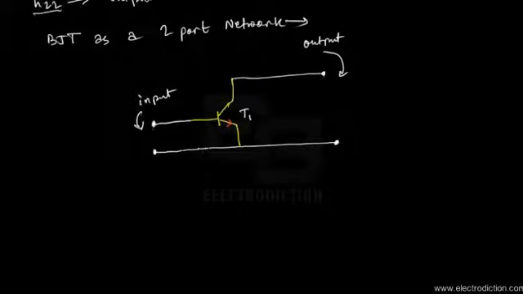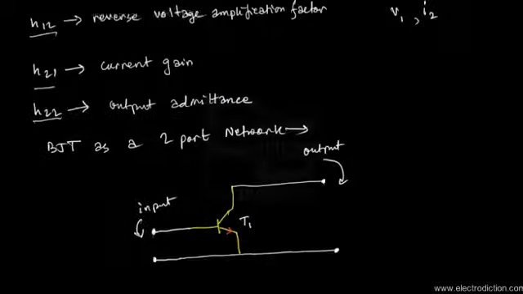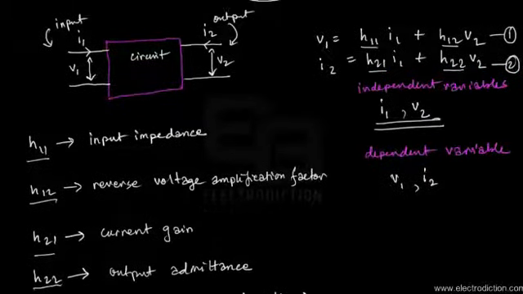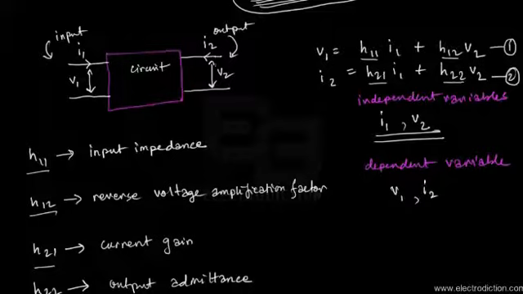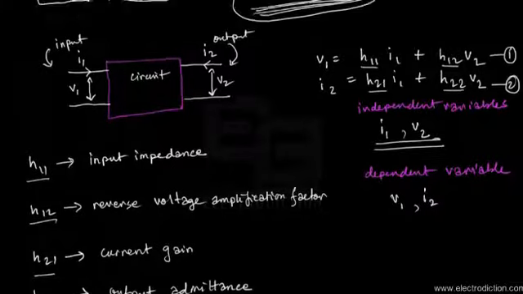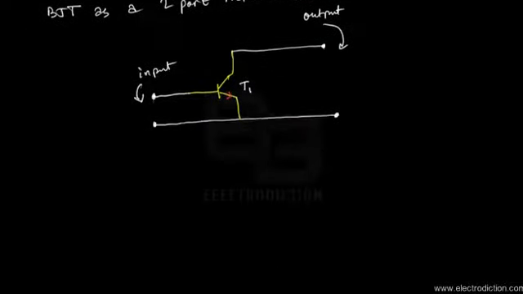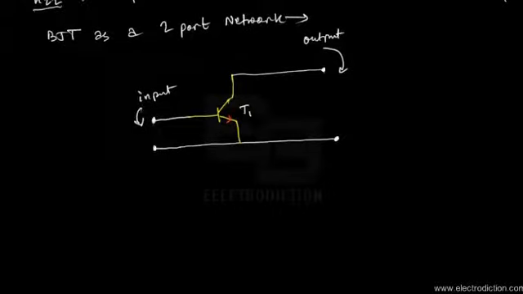Similarly, like a two-port network, it is also going to have input currents and input voltages and correspondingly output currents and output voltages. For the BJT, the input current is just treated as the input base current.